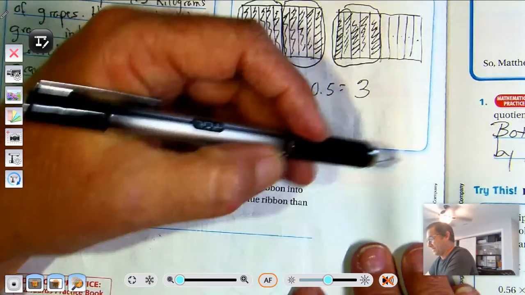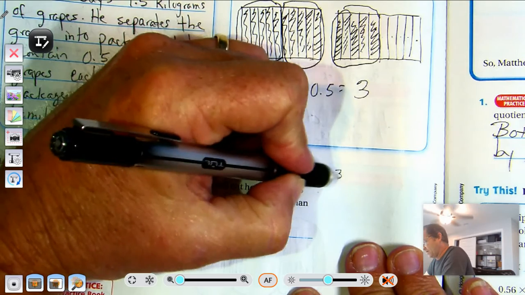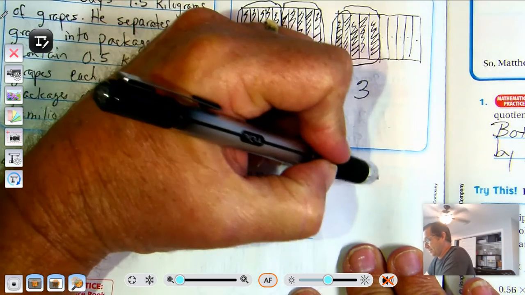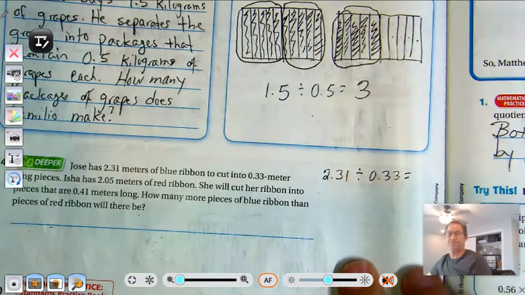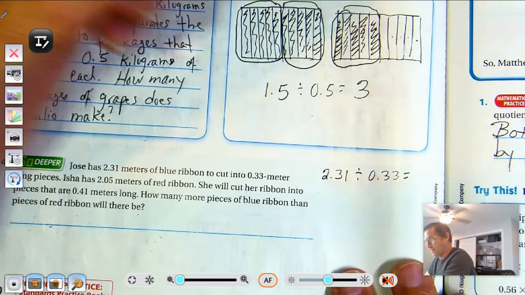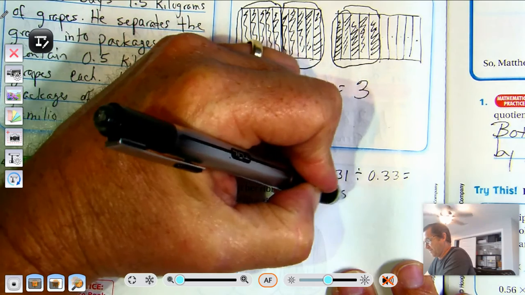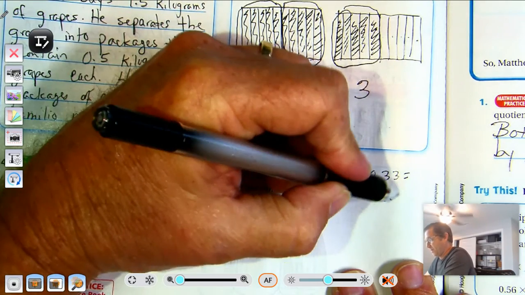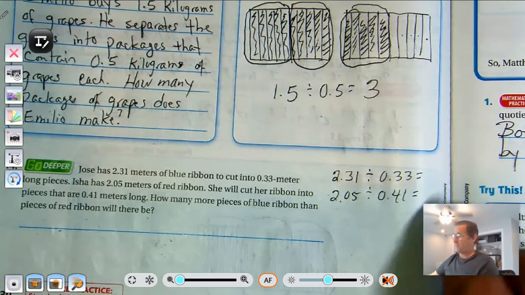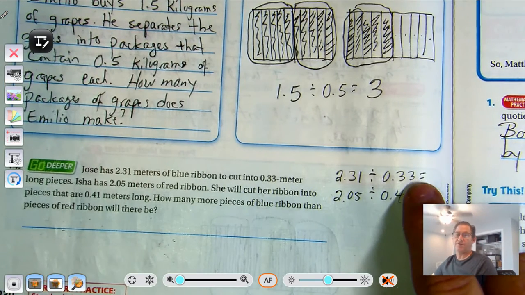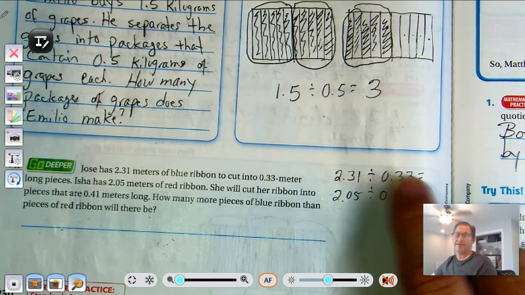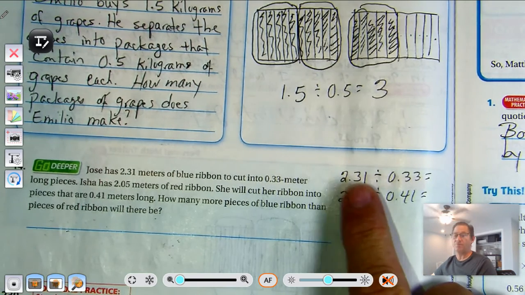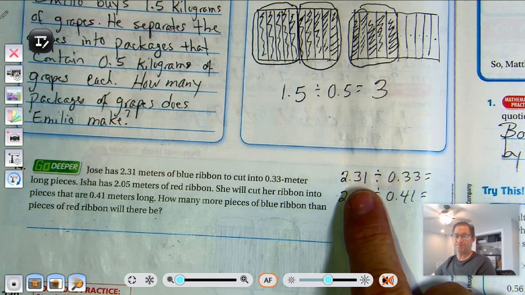All right, so basically we're looking at 2 and 31 hundredths divided by 33 hundredths. And we have 2 and 5 hundredths divided by 41 hundredths.